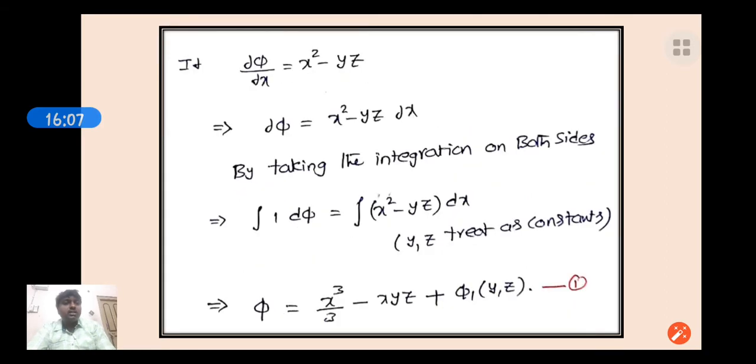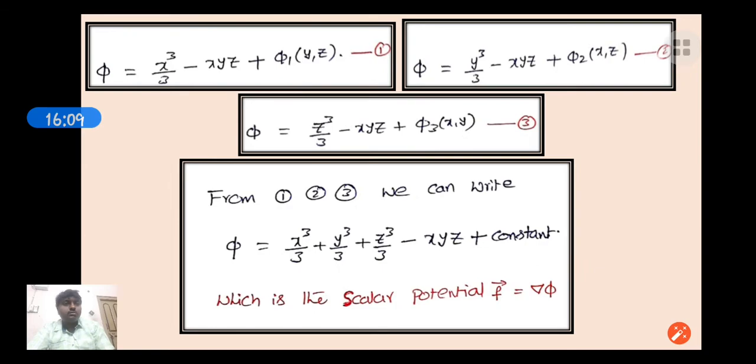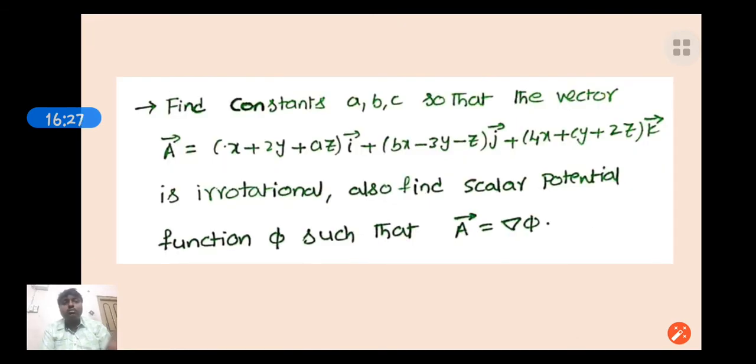If you calculate grad of this one, that must be equal to f bar. Okay, this is the way we can calculate the scalar potential function for a conservative vector point function or irrotational vector point function f bar. Okay, it's an important problem.